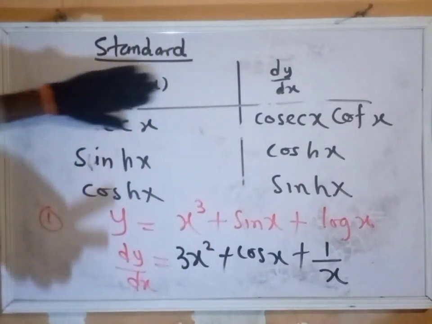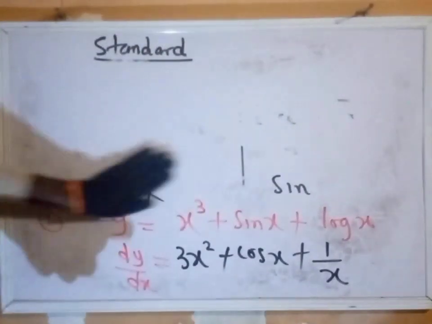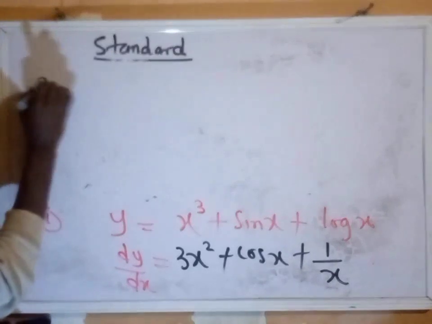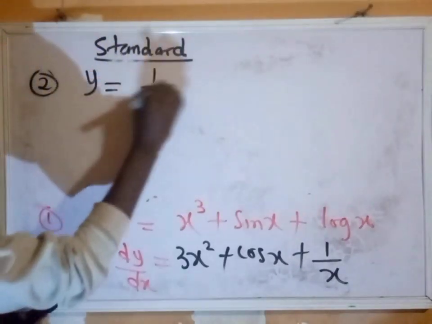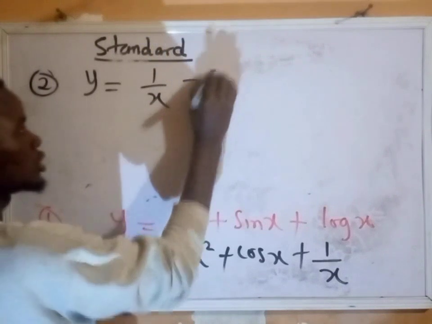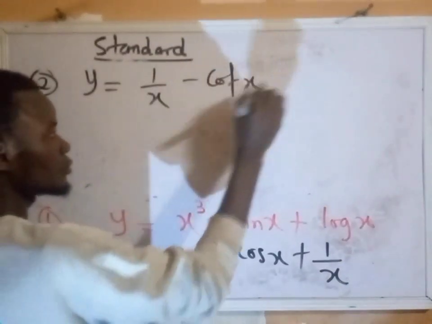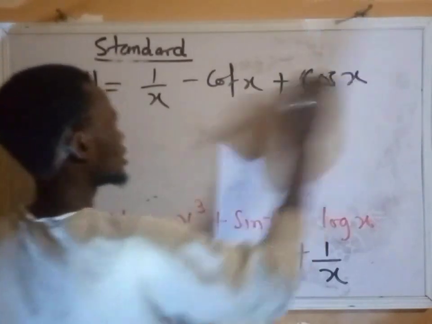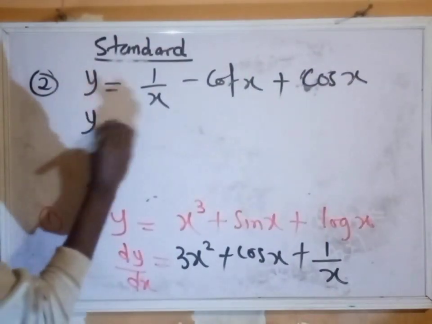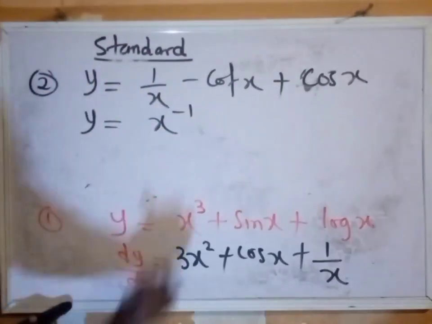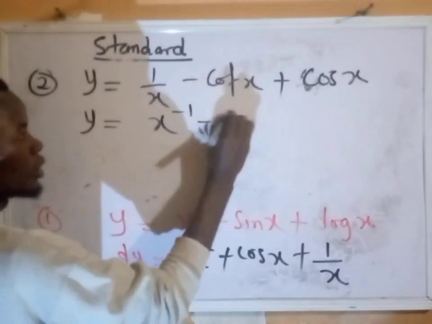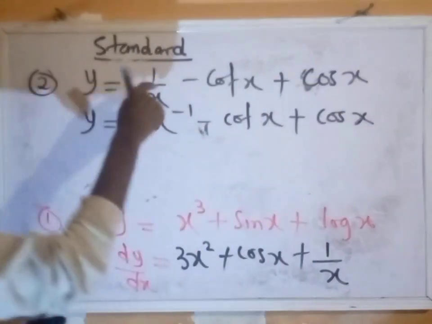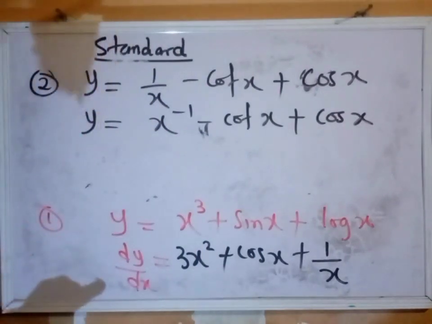Let me consider another example where you should find the derivative. Number 2: y equals 1 divided by x minus cot x plus cos x. To differentiate this is very simple. Just transform this as x raised to the power minus 1 minus cot x plus cos x, so that we don't get confused.